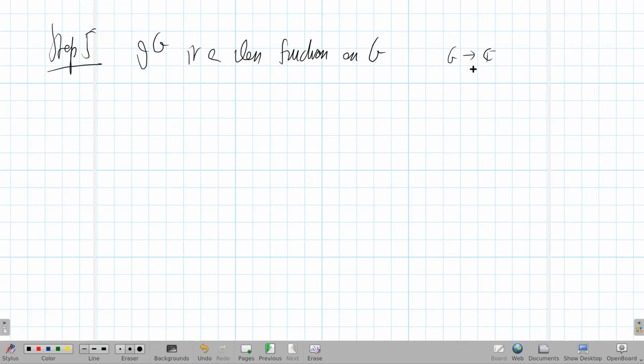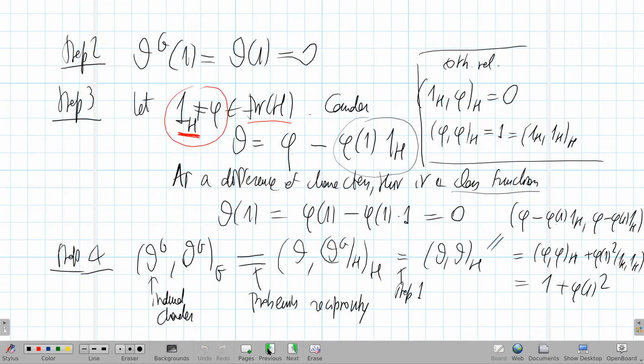And since, as we just recalled, the irreducible characters are orthonormal, they are a basis of this space. So this is a class function.